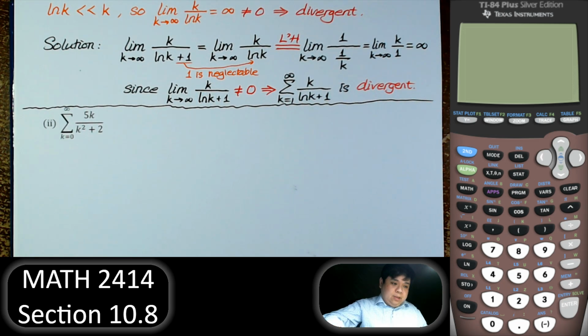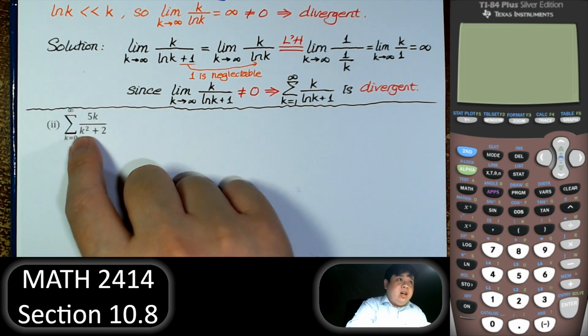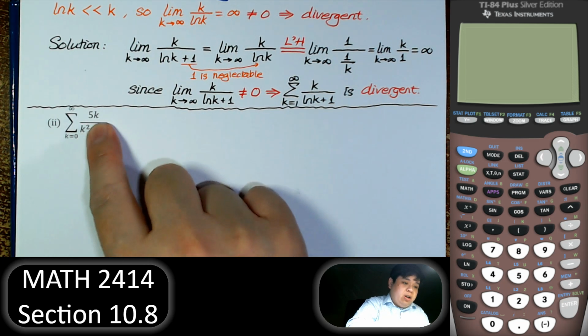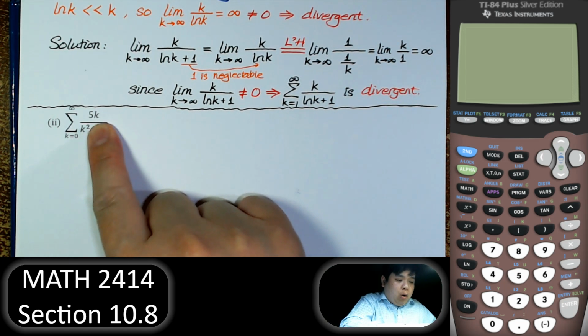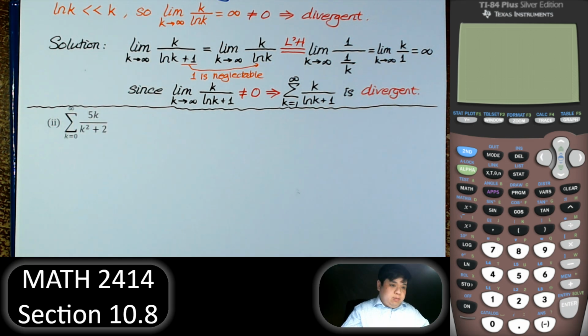Right. So that's the first one. Next we have this problem. So again, when we have more than one term, top and bottom, just ignore it. So we compare to this. Now compare to this, k over k squared is 1 over k, and that one equals 0 when k goes to infinity. So the divergent test doesn't work. Right.